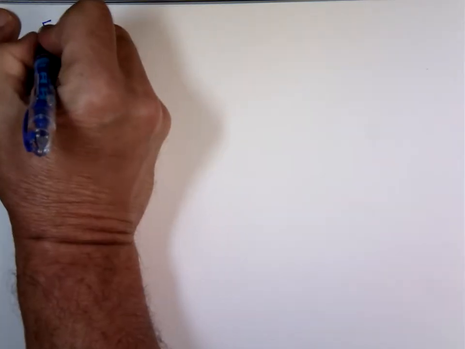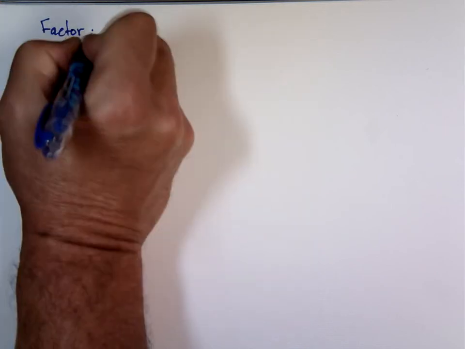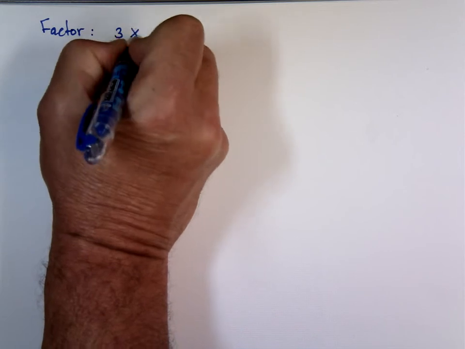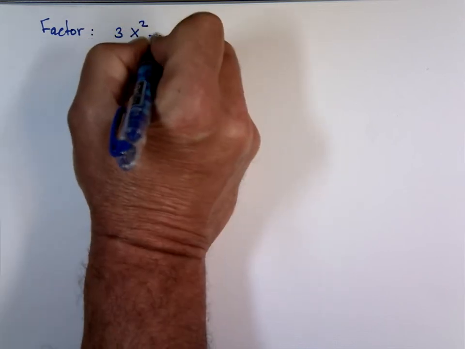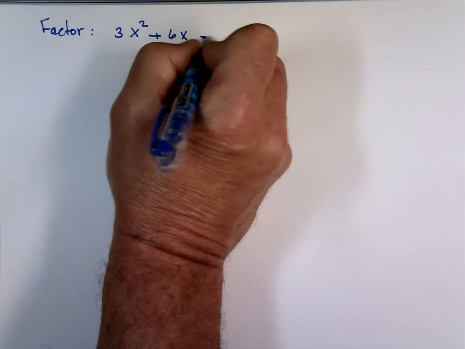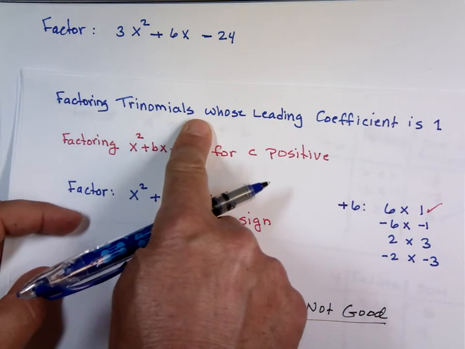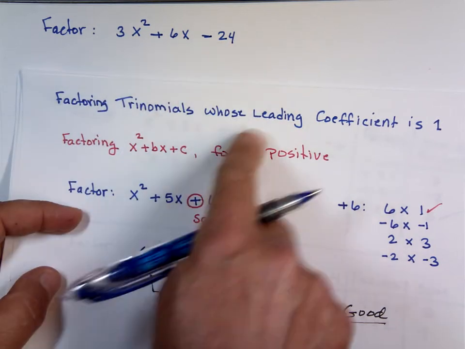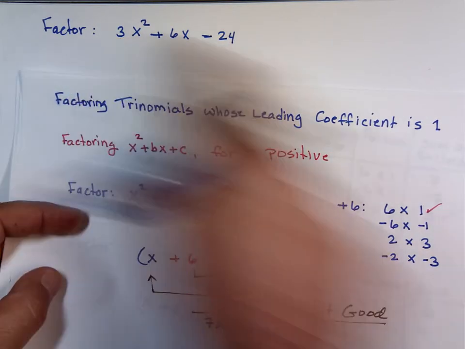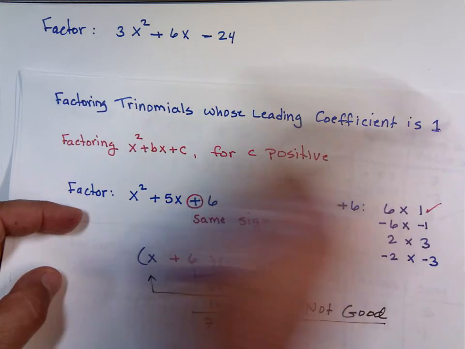Factor 3x squared plus 6x minus 24. Interesting. When I started the video today, notice what I wrote there. Factoring trinomials, that means 3 terms, whose leading coefficient, that's this number, is 1. Why is this problem here if that's not a 1?